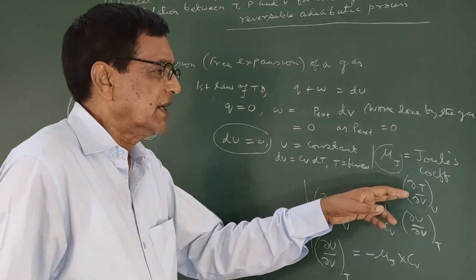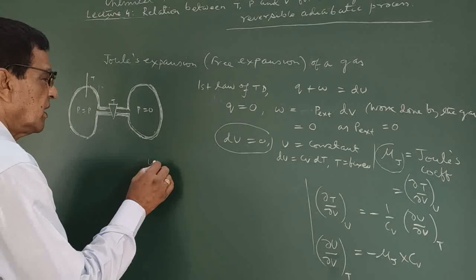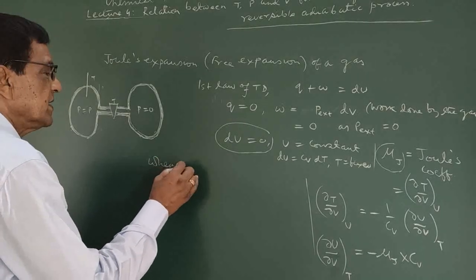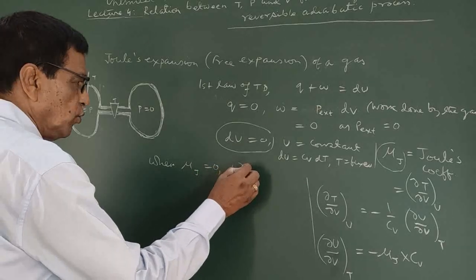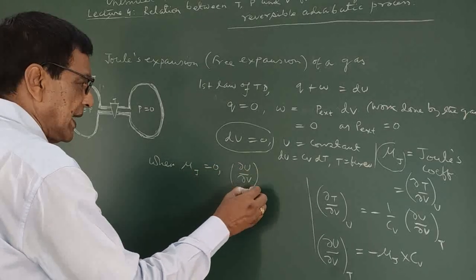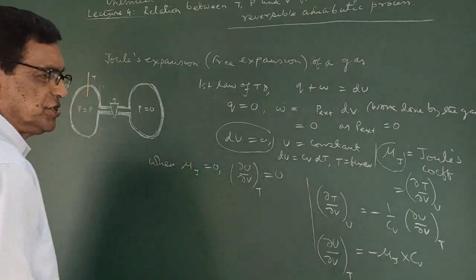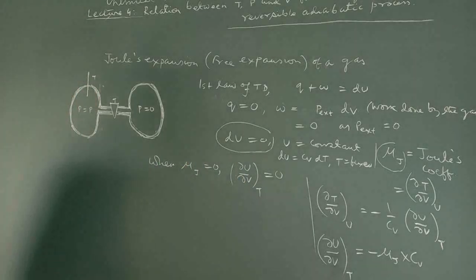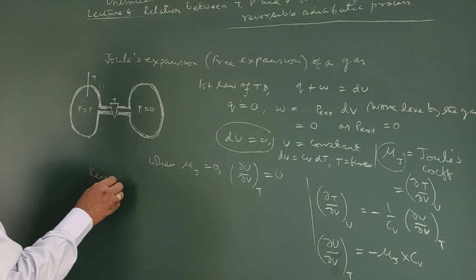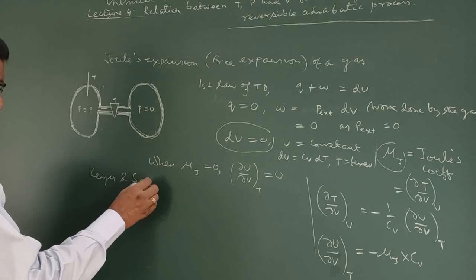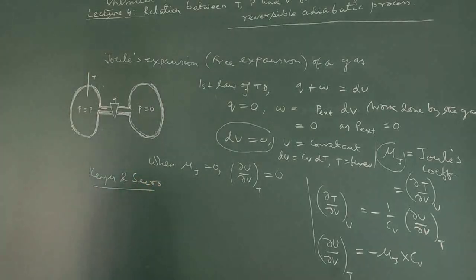So he found that mu j equals 0. So as per Joule's findings, mu j equals 0, then del U by del V at constant temperature is also 0.